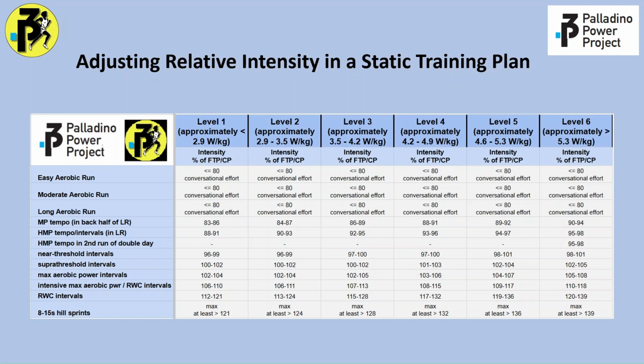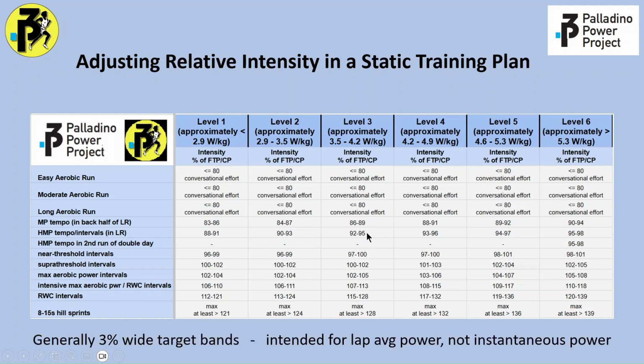These are recommendations for each level based on your critical power, functional threshold power in watts per kilogram. And these are the recommended intensities. All right. And you'll see that as I go through this, that most of these are about 3% wide, the target range.